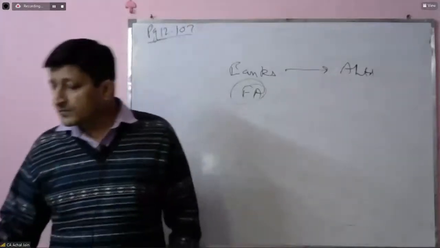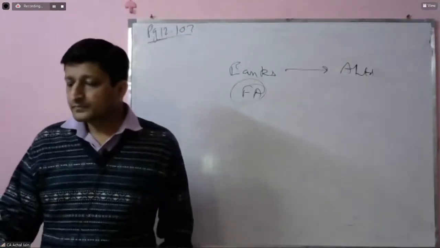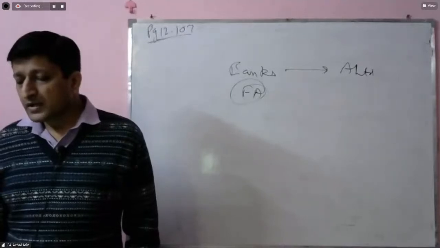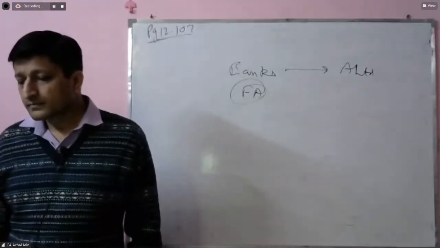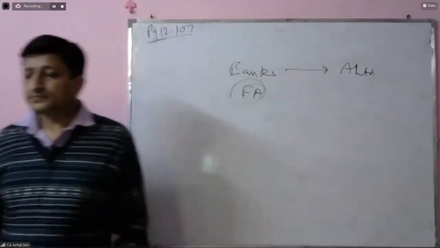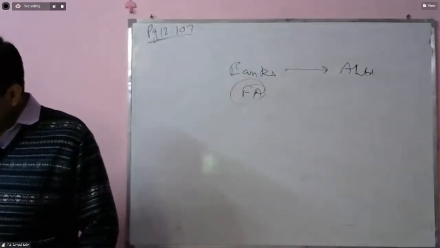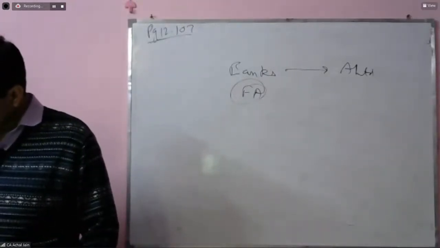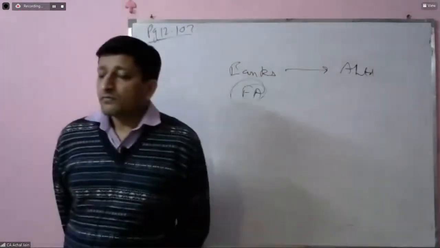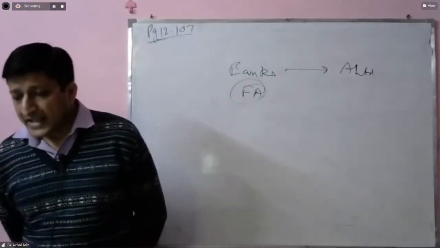Okay. So what we can do is we can now go to note number 6 once again. There are a few examples. Can you just start reading this? An unconditional sale of a financial asset.